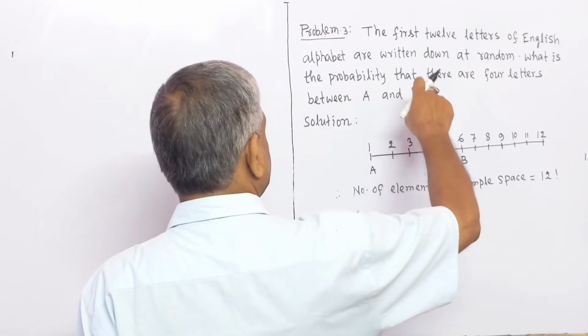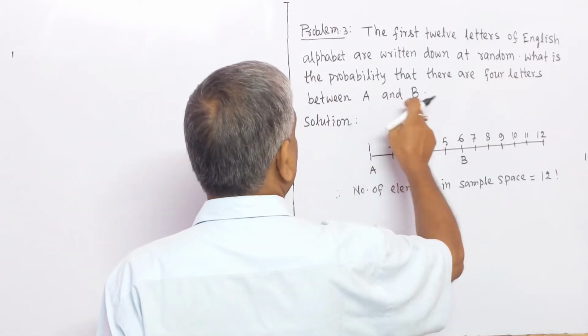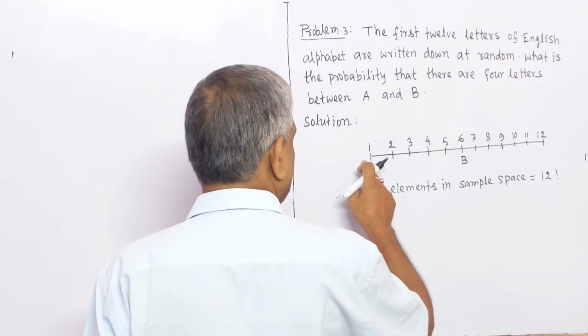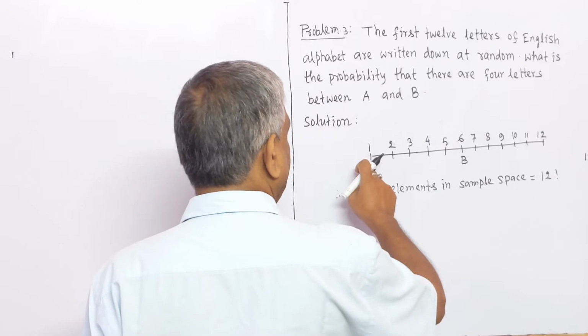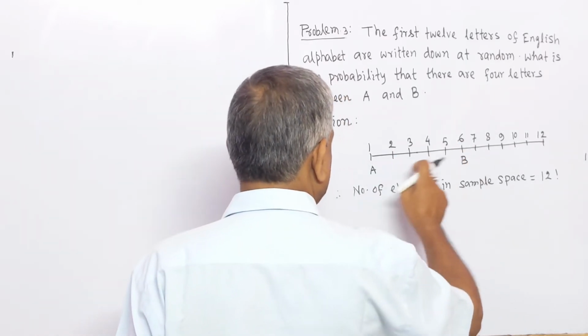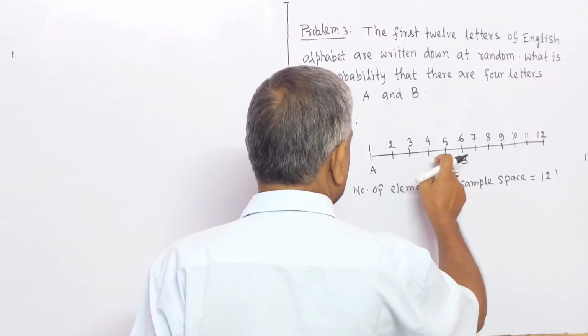Now, restriction is that there are 4 letters between A and B. If we write A in the first place, we have to write B in the 6th place, because between A and B we may write 1, 2, 3, 4 letters.